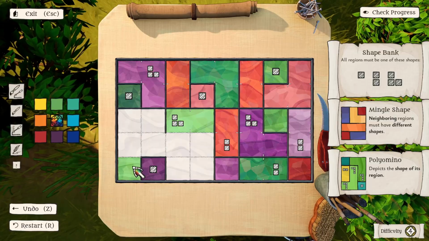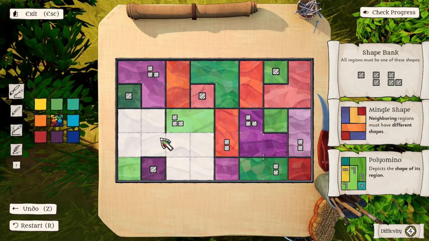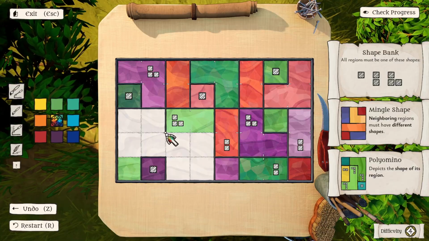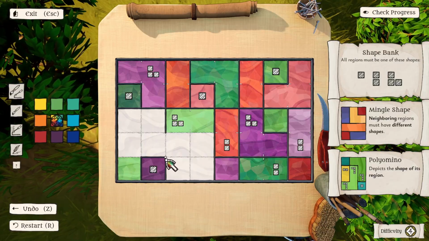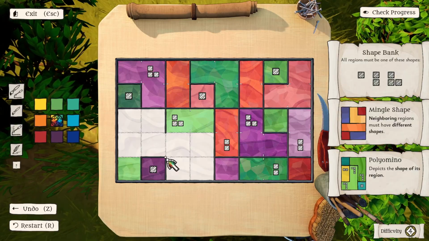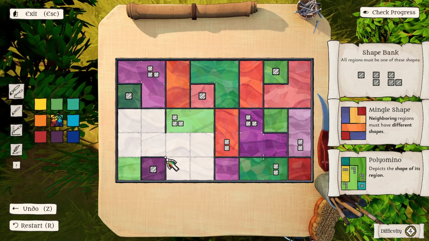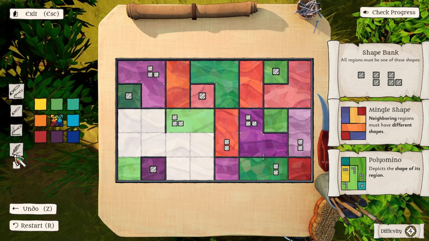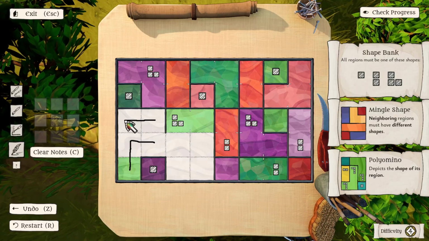So this is not a 2. If it's a 3, that would be valid. If this were a 3, that could be a 2.